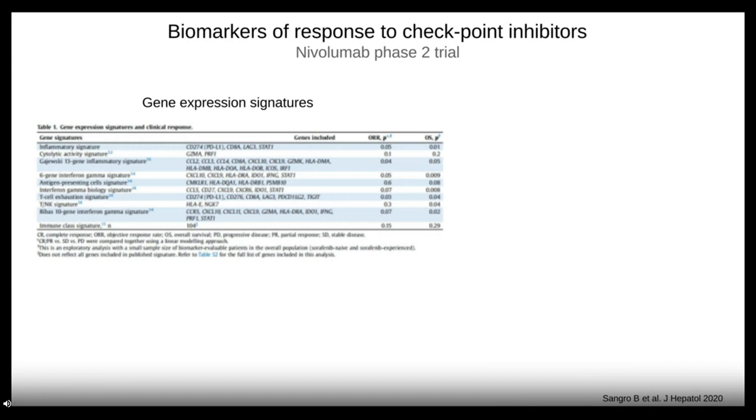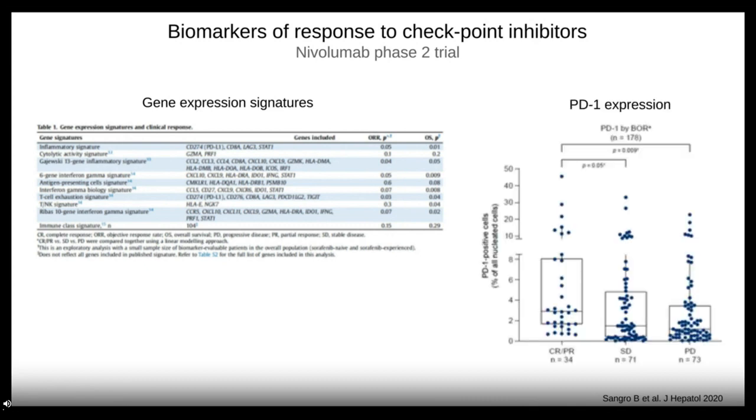More recently, there is a paper in the Journal of Hepatology that reports on potential biomarkers of response from the phase 2 trial, the nivolumab trial that I was mentioning before. They ran a number of studies on tissue samples from these patients, gene signatures, and there were some p-values and some associations. But for instance, when you look at the percentage of PD-1 positive cells according to response, you have here complete response and partial response, stable disease, and progressing disease.